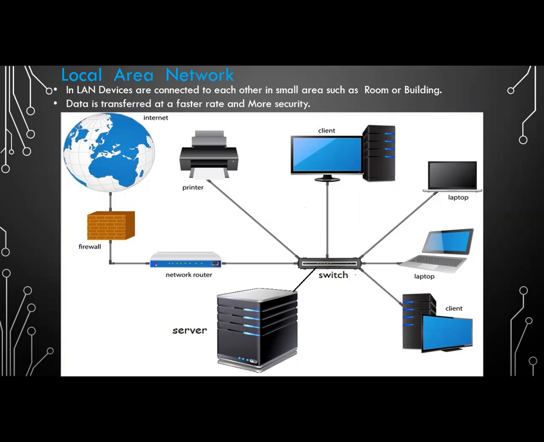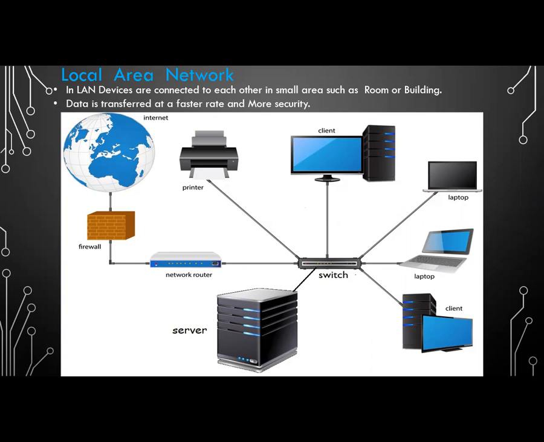In a local area network, devices are connected to each other in a small area such as a room or a building. There can be 3 floors or 30 floors or 100 floors, but that is one building, right? So whatever devices we have in that 100-floor building, all the devices will come under the local area network category.